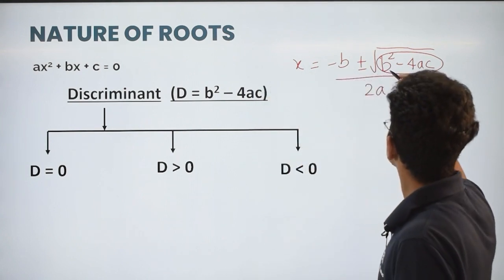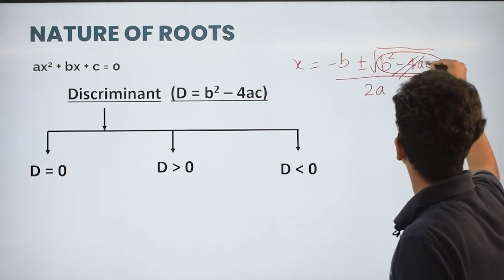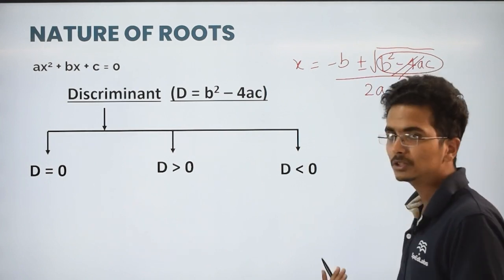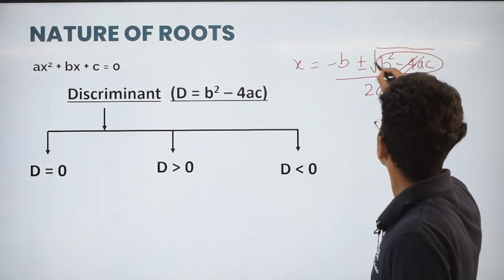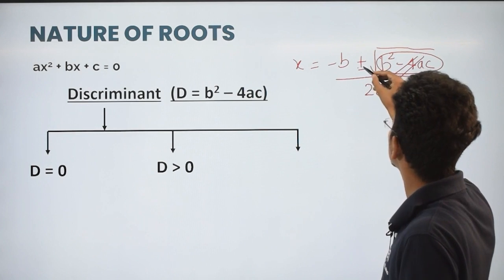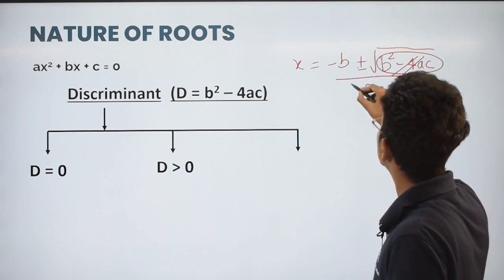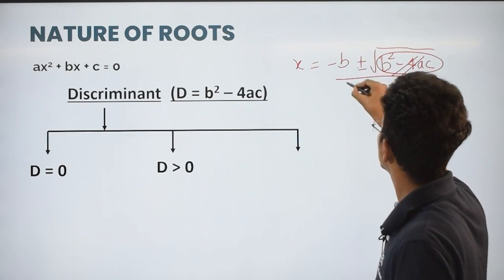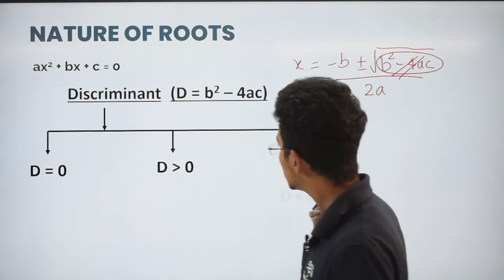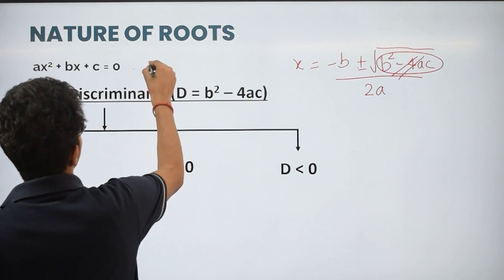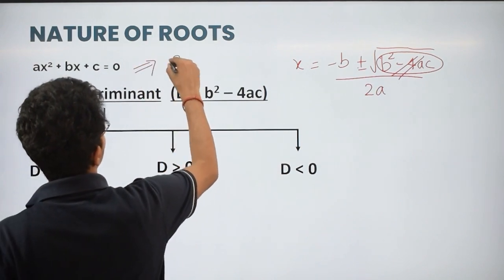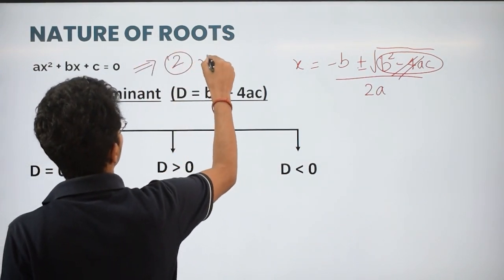If you assume that this value has become equal to 0, then under root of 0 is 0. So there is no use of this plus and minus sign, and you will get only one solution for this equation. As I told you earlier, for every quadratic equation you will always get two roots.